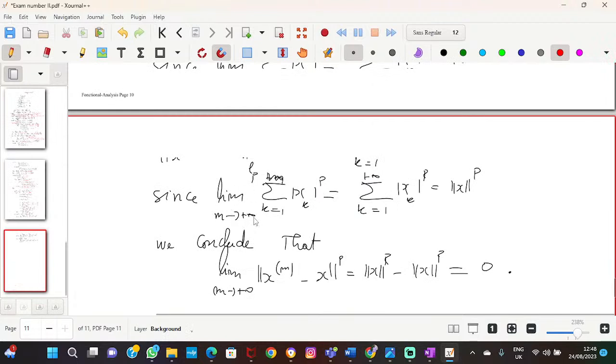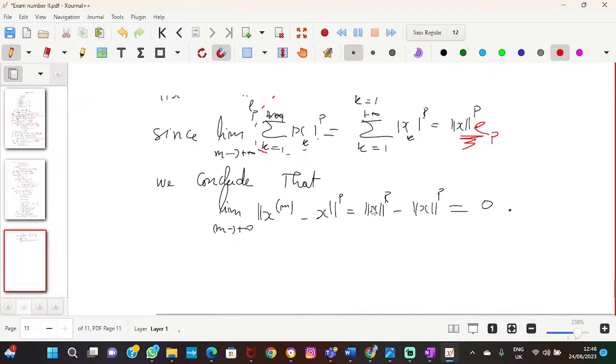When you compute the limit as m goes to plus infinity of this term, this is the summation for k going from 1 to plus infinity of x_k to the power p, which is again the L^p norm of x to the power p. So the limit of this is the L^p norm of x to the power p minus the L^p norm of x to the power p, which is 0.